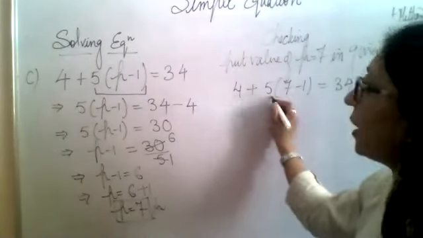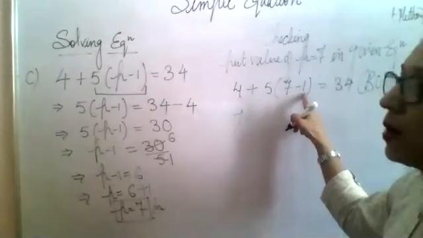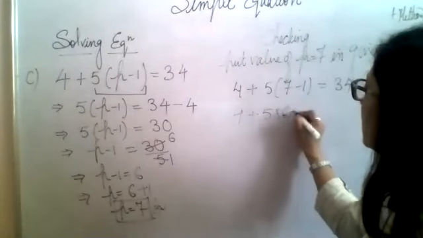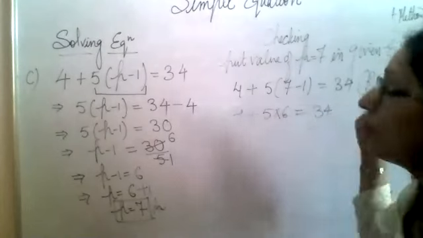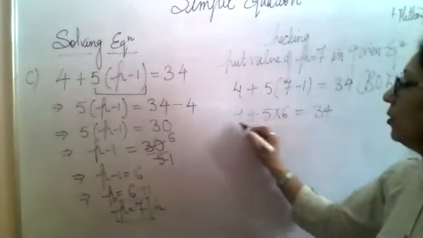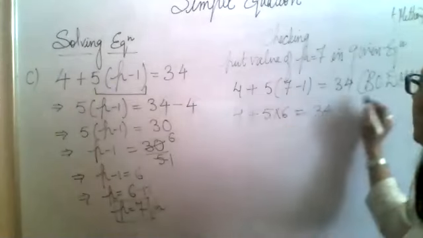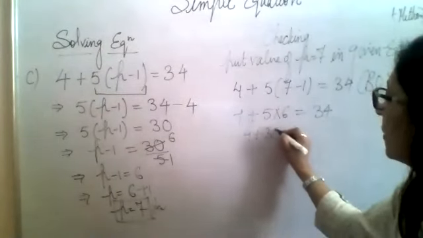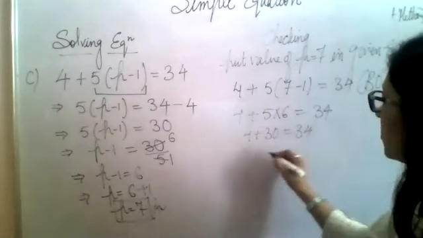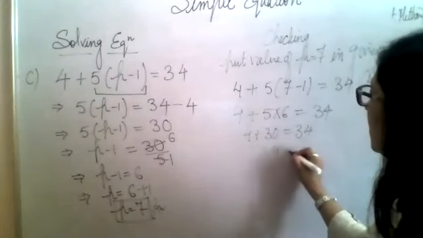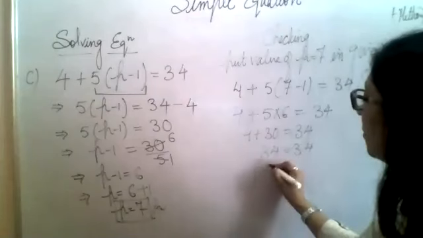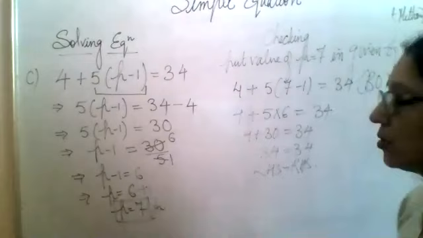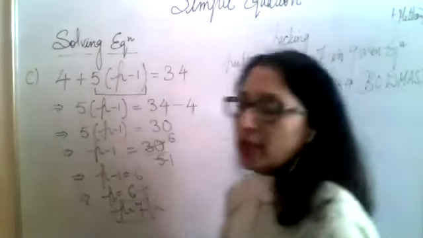So you will not do addition first. 7 minus 1, 6. 5 into 6. Again I am repeating, do not do addition, multiply first. So your answer will come 34 equal to 34. LHS is equal to RHS. So you have checked that your answer is correct.